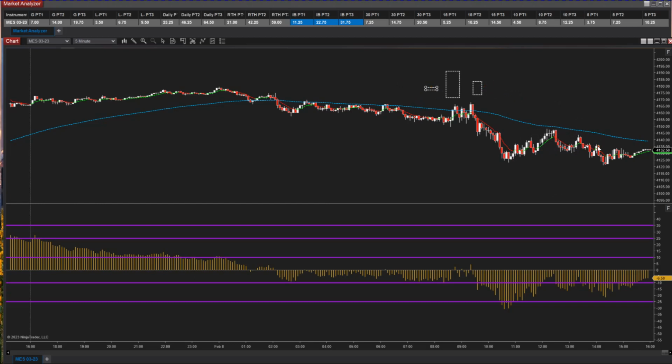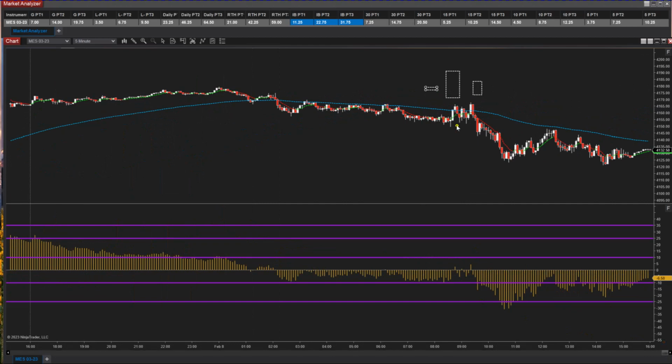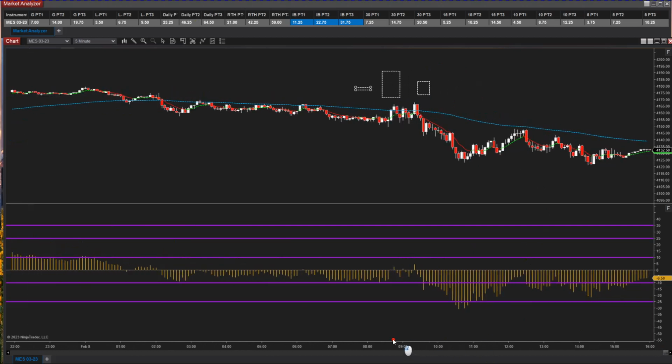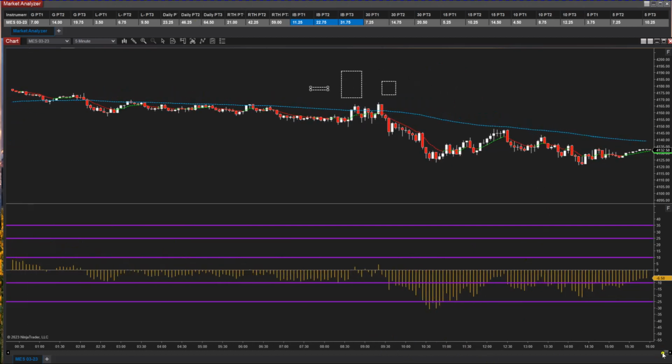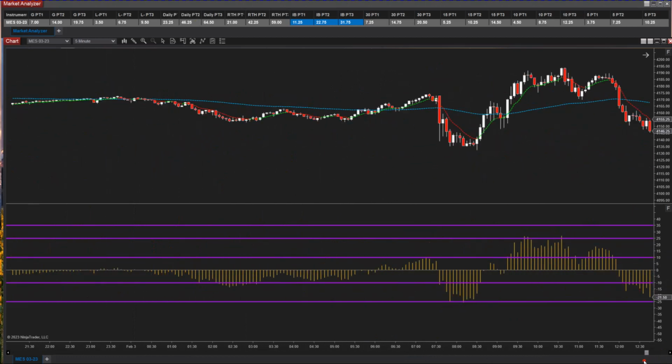Don't exceed it. Wait for the next day. Find a lower volatility environment to get engaged in. Wait for your slope. Don't try to enter in the initial balance. Wait for the market to make a move. And don't hesitate to engage the market at that time.